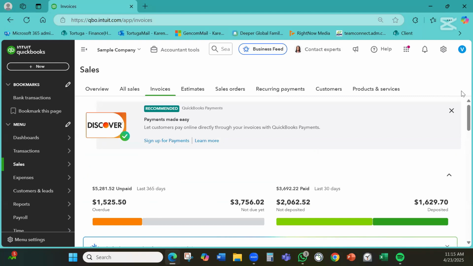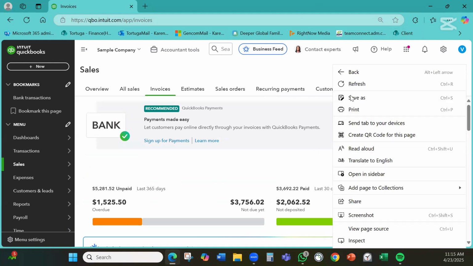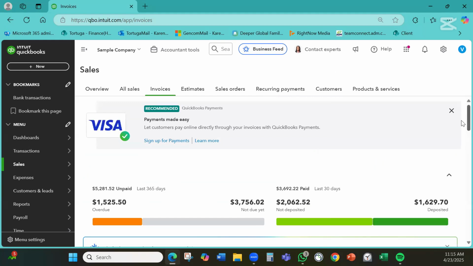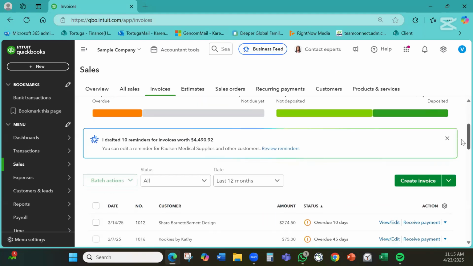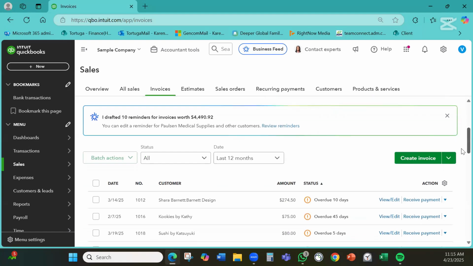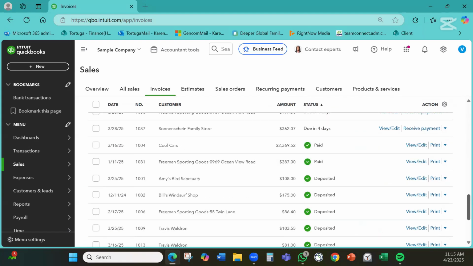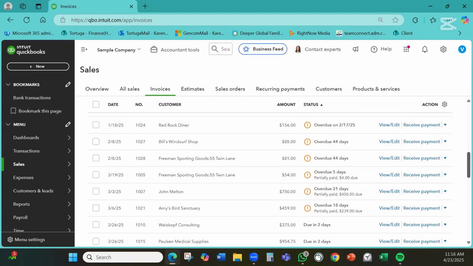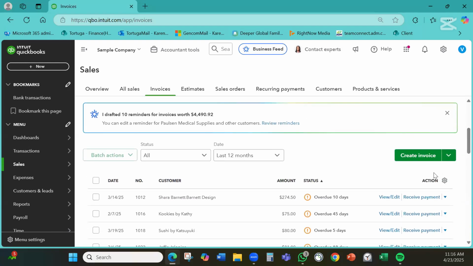So if, for instance, I'm here now and I want to do an invoice, I don't have the customer, but I want to do an invoice. Sorry, my navigation here. So I want to do the invoice. See, I'm on sales and there are some invoices in the system already, right? And I want to do a new invoice. I just go straight to create invoice.